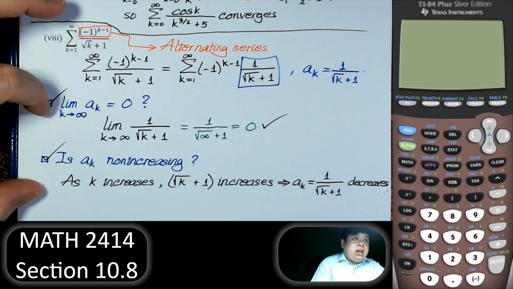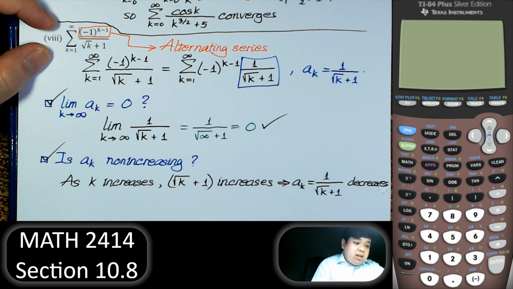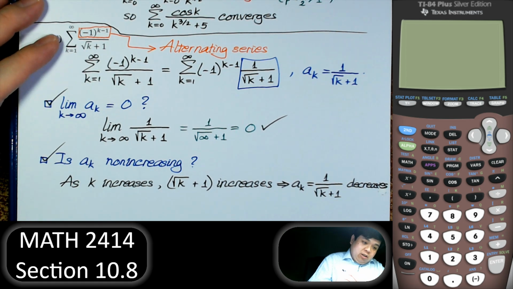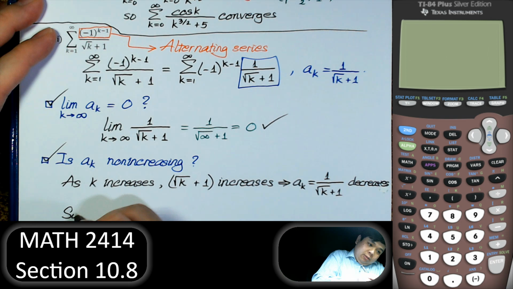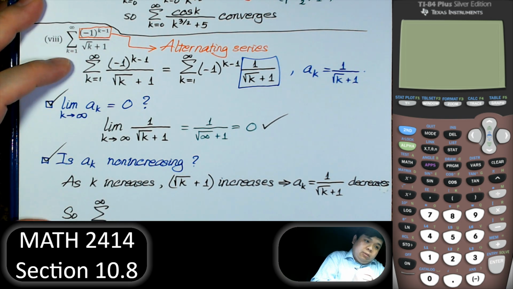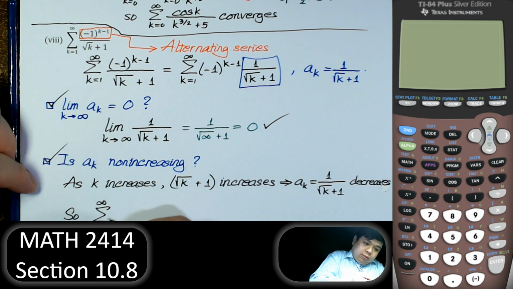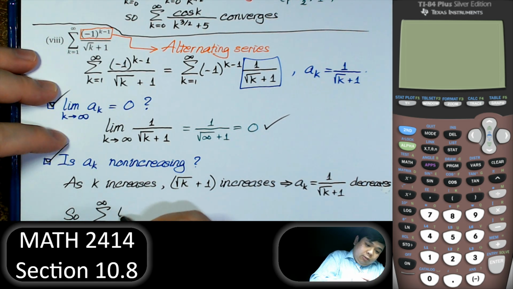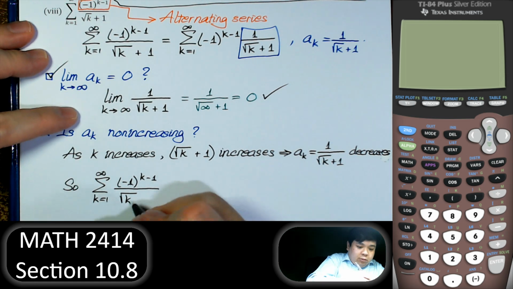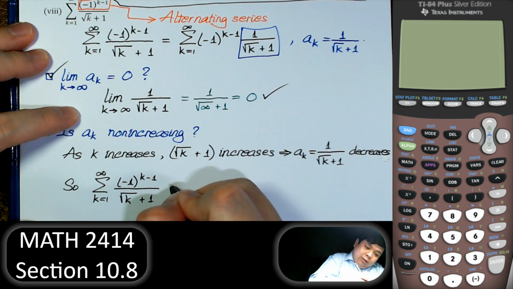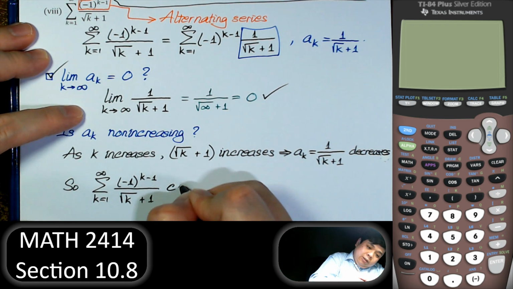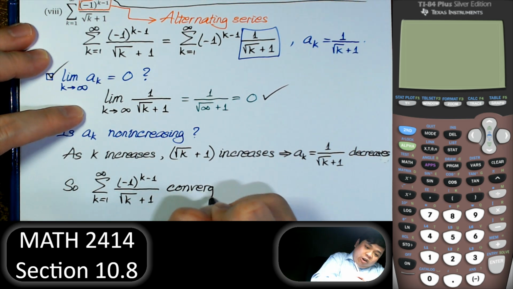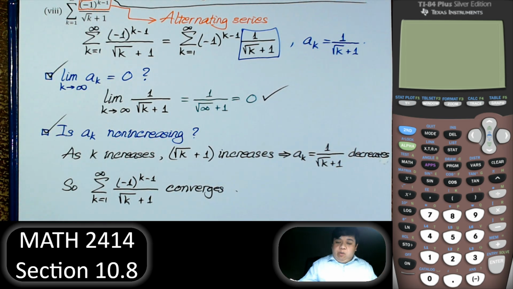So both of them are checked by the alternating series test. That is convergent. Converges, always said it is convergent.